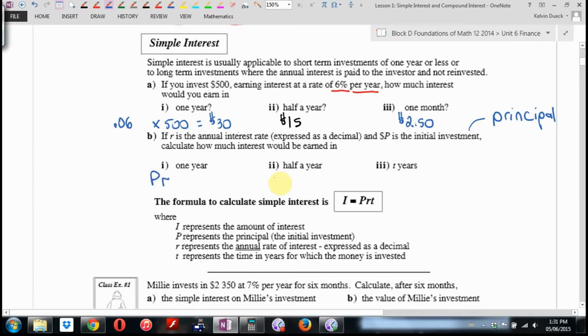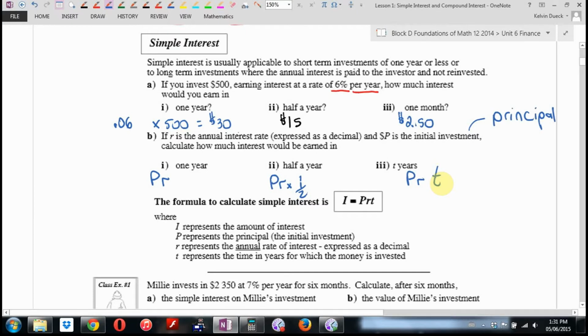Well, really, you're going P times R times half a year, because that's what you did when you divided by 2. For T years, it would be P times R times T years. For 4 years, you'd times by 4. For 8 years, you'd times by 8.